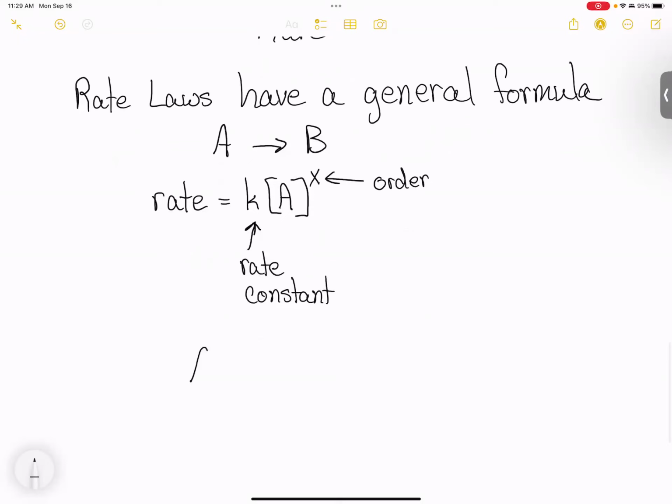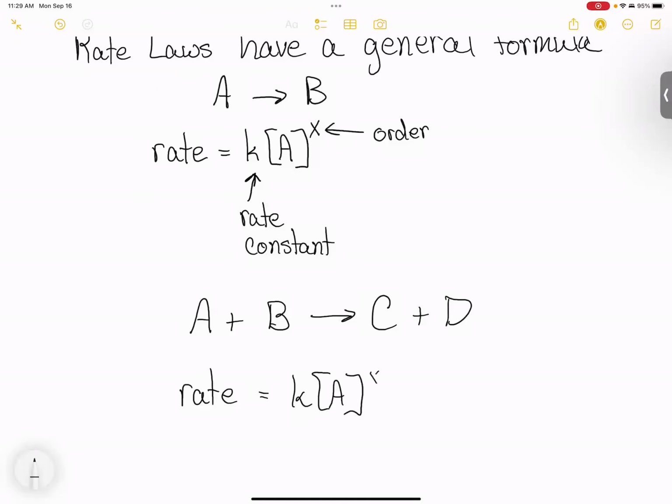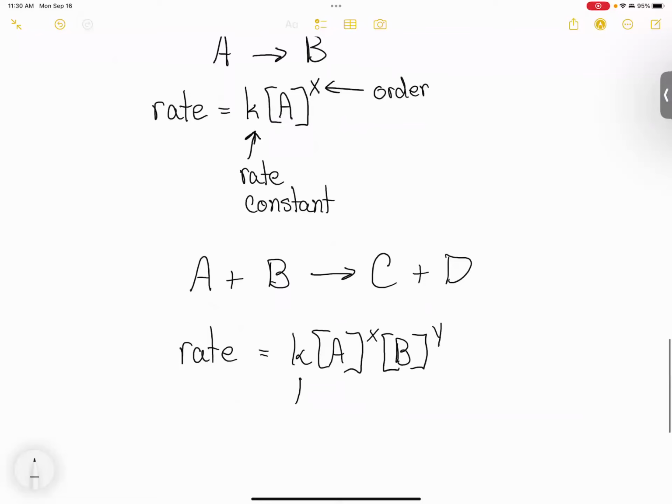If I have A plus B goes to form C plus D, then the rate law is going to be: rate is equal to the rate constant times [A] raised to some power times [B] raised to some power. Again, the lowercase k is our rate constant.